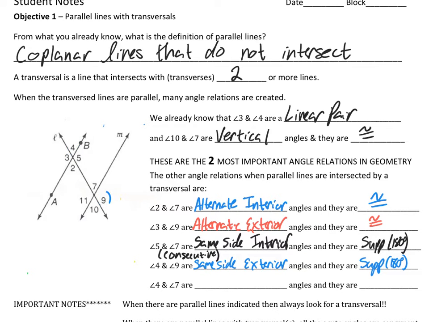Last relationship we're going to look at is a relationship like angles 4 and 7. Okay, now they are on the same side, but one is in the exterior and one is on the interior of this figure. But what we want to note is that they're in the same position.